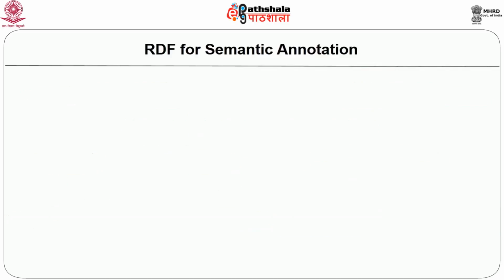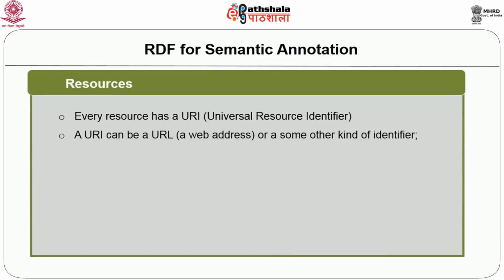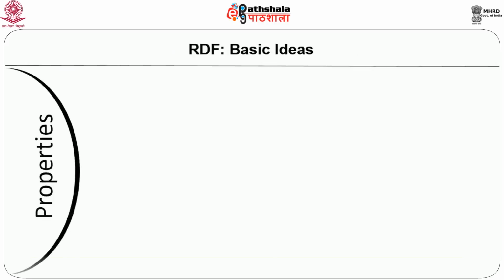So in the earlier example we were able to understand that every resource has a URI, and a URI can be a URL, that is, it can be similar to your address, and the identifier does not necessarily enable access to the resource. We can think of resources as objects that we want to describe, either a book, person or places. Now these are the RDF basic properties.